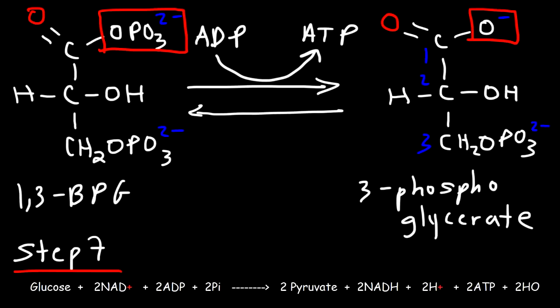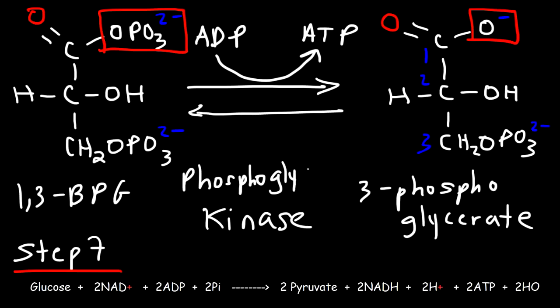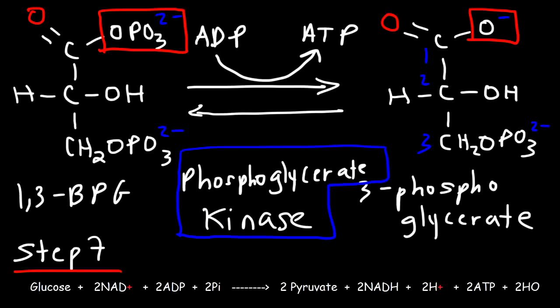What type of enzyme is used to transfer phosphate groups? That enzyme is known as a kinase enzyme, but particularly this one is going to be called a phosphoglycerate kinase enzyme. And it makes sense because we're dealing with a phosphoglycerate molecule, in this case bisphosphoglycerate.